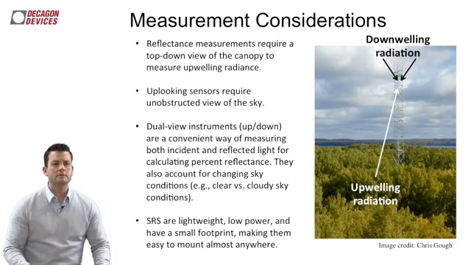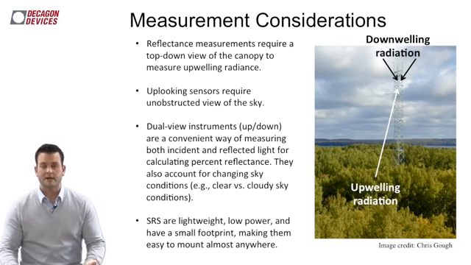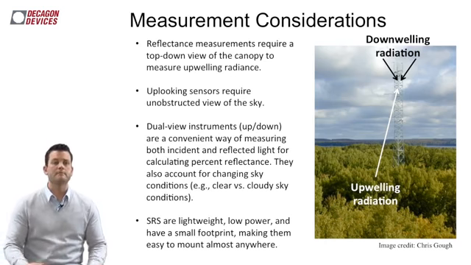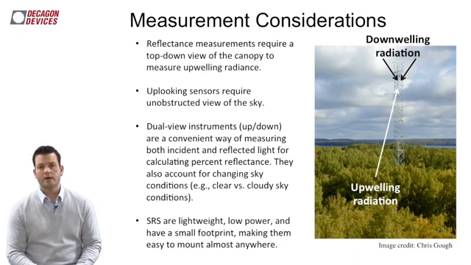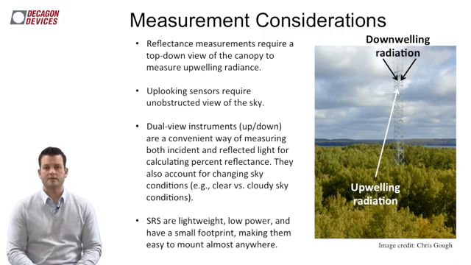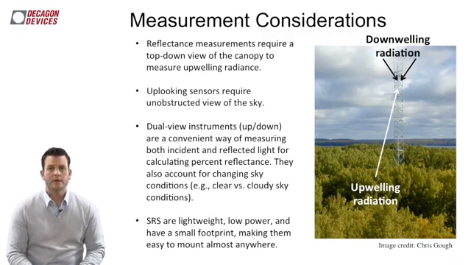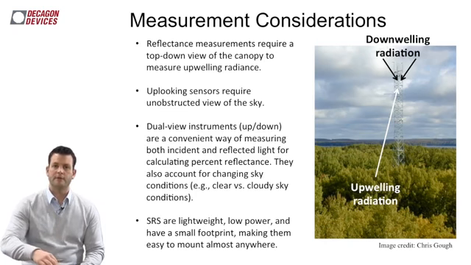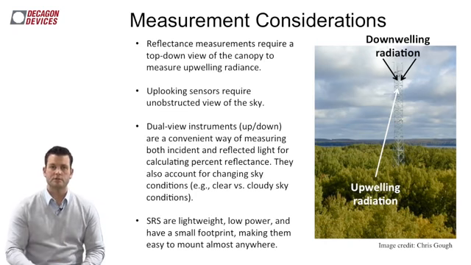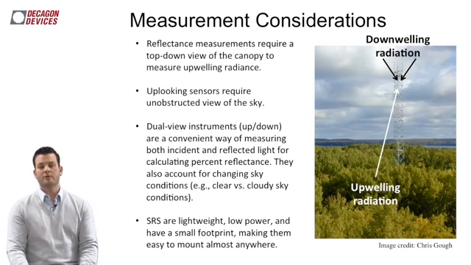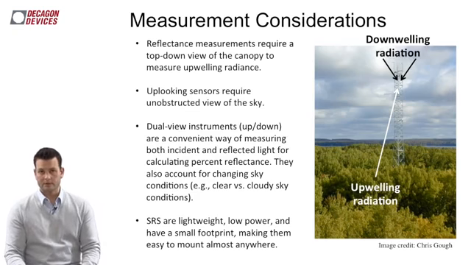And the difficulty of that task is going to depend on canopy height. So for example, in the photo that I'm showing here is a flux tower in northern Michigan that extends quite a ways above a mixed deciduous canopy. So that would be the perfect platform for an SRS sensor.